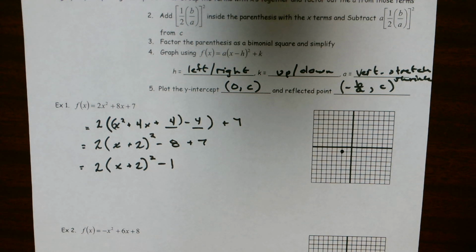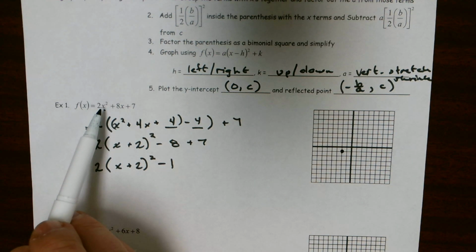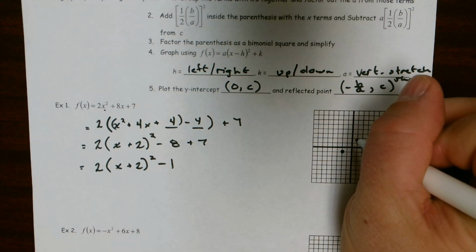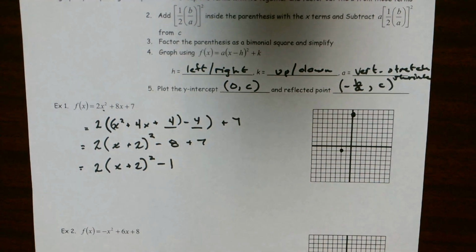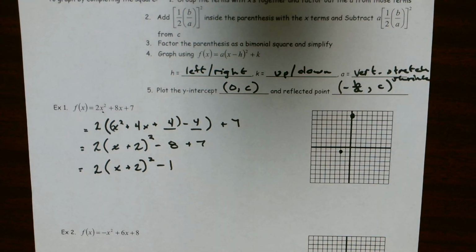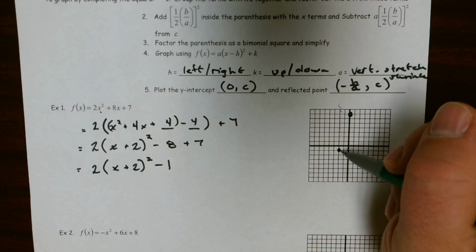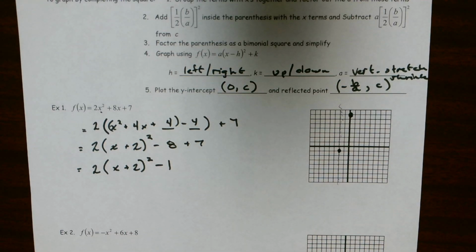Left 2, down 1. And if we plot our y-intercept, you can look back at the original equation if you want. The y-intercept is going to be 7. You plug in 0 for x, 0 plus 0 plus 7 is going to be 7. Okay, so let's go ahead and plot that. And if we recall, down the middle through the vertex, drawing it really light, we have an axis of symmetry.